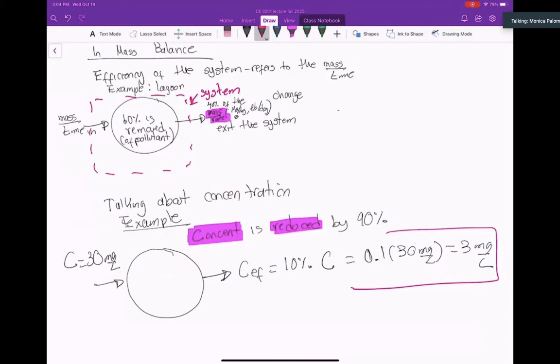The problem can tell you about the efficiency of the system. If it was efficiency of the system, and you have Q and you have CS, what you need to do is multiply Q times CS, and here is the 100% coming in. But if we go to the effluent, it would be Q times CS times what?